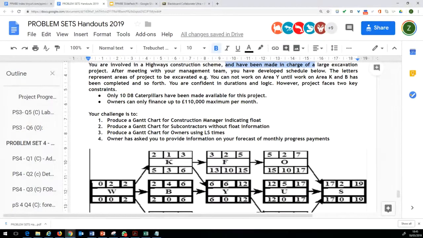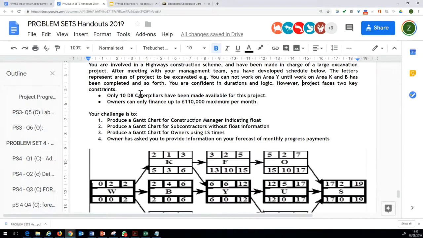However, this project, which we will be reviewing in this case study, faces two major constraints. Firstly, there are only 10 D8 caterpillars which have been made available for this project. So your company has got access to just 10 caterpillar machinery to do the required earthworks. So you cannot have any more machinery available.